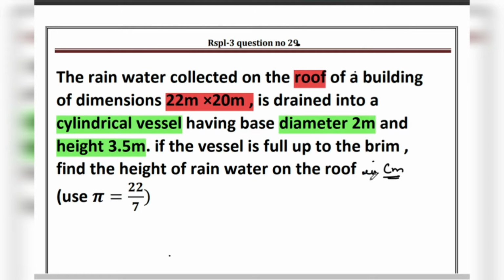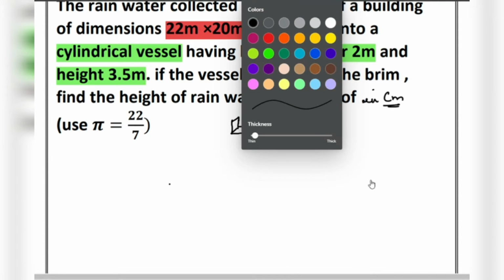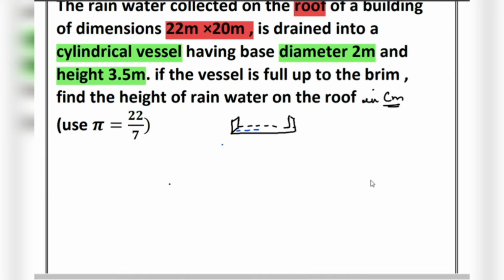So you need to imagine over here the roof of the house. The roof of the house is cuboidal in shape. Water collected over here on the rooftop will gain a certain height, and after some time it will be collected up to a certain height.